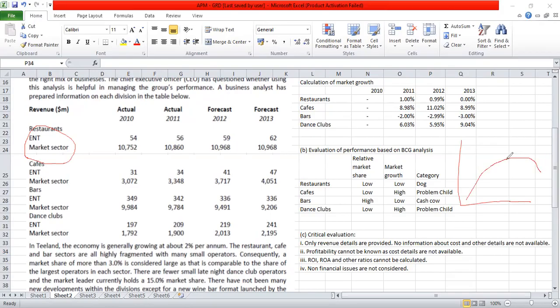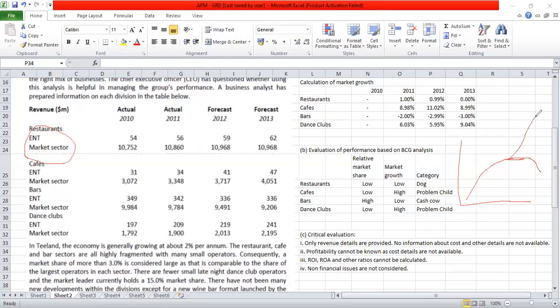See, when it is at the saturation point, at the maturity, because of technology, because of certain innovative ideas, it may fall down, or maybe because of innovation, from here it can again rise up.